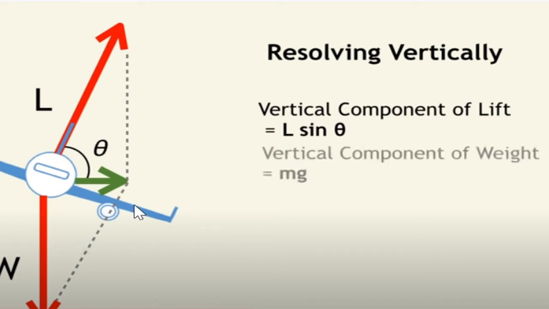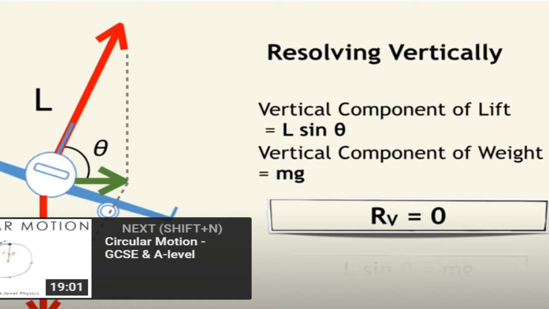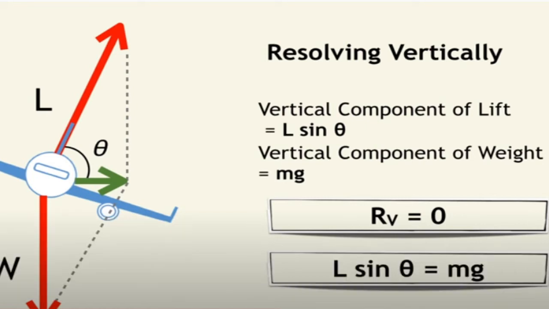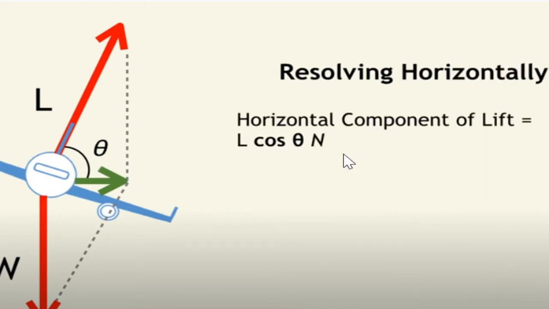So in the horizontal, we're going to get L cos theta being equal to mv squared over r.